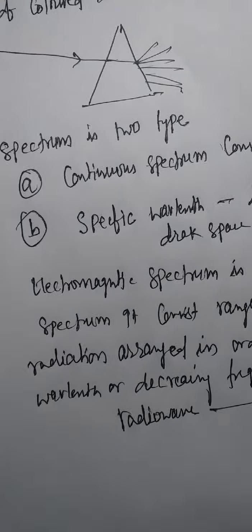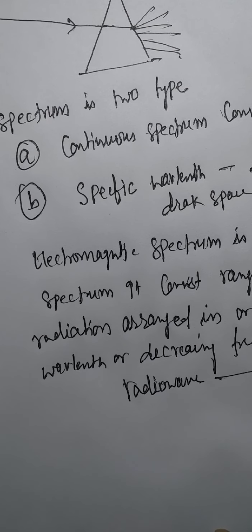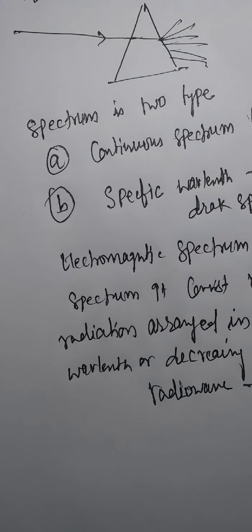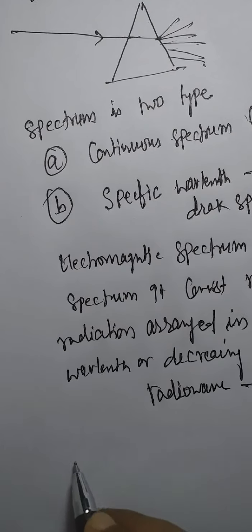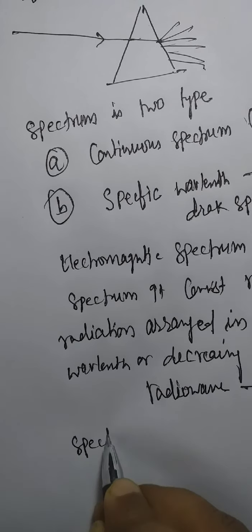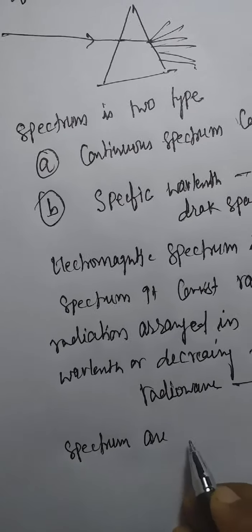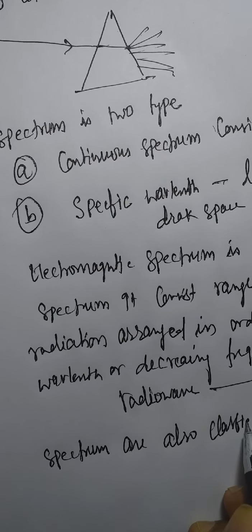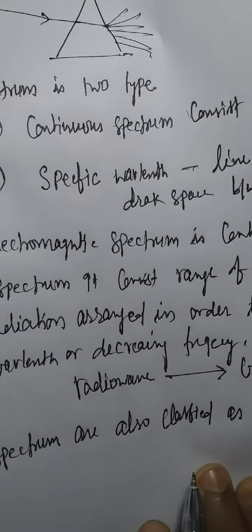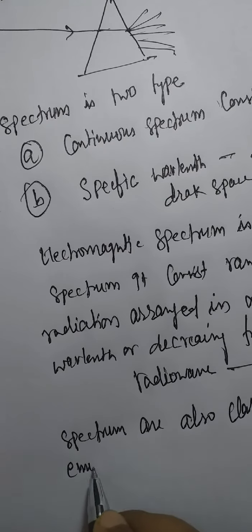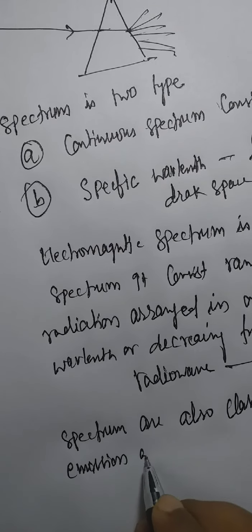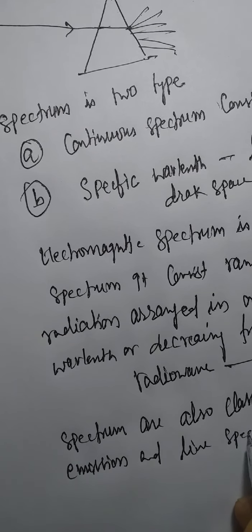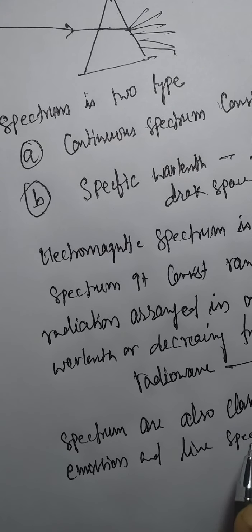Right. Next, spectra are also classified as emission and absorption spectra.